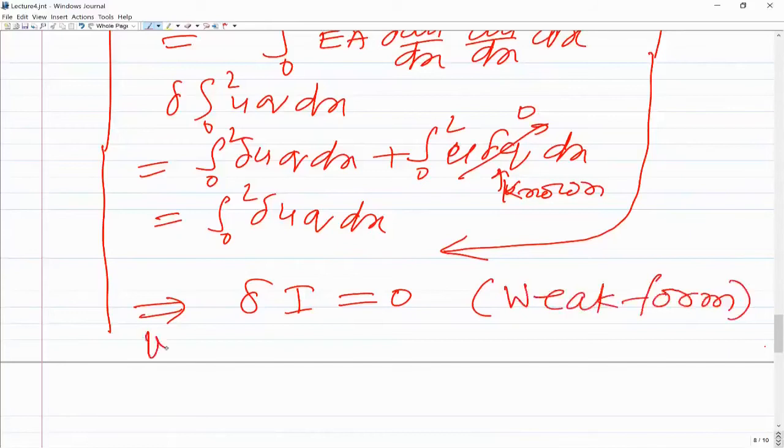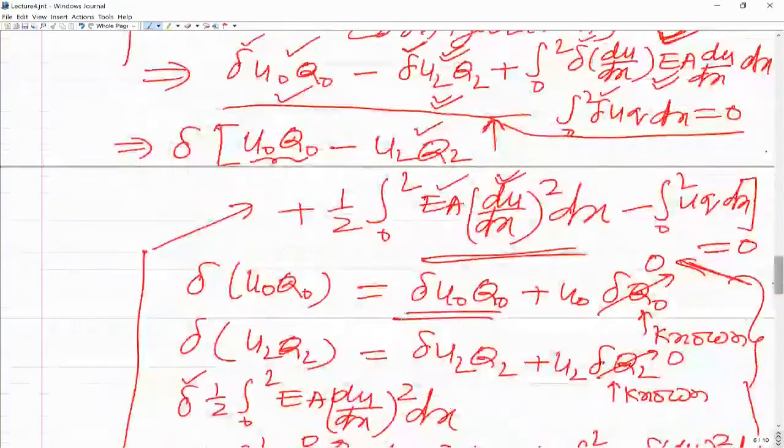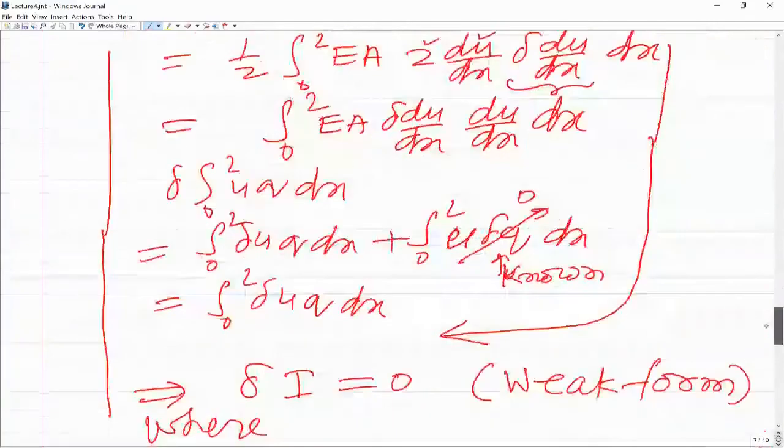Now this I is what is known as the integral functional. Here we have taken this delta, and this whole thing, this term, this term, this term and this term put together, I am referring to as I, the integral functional.